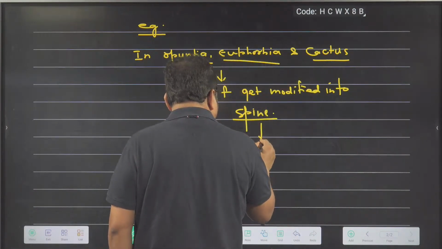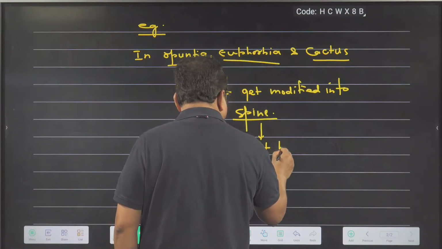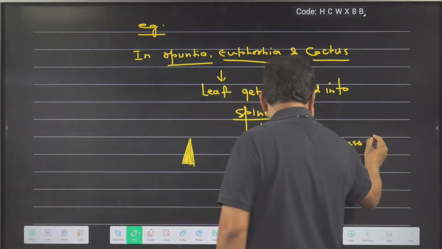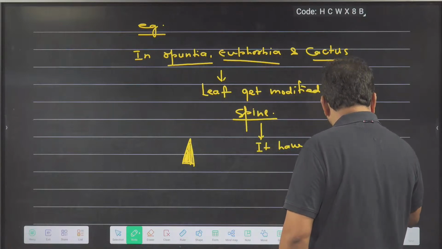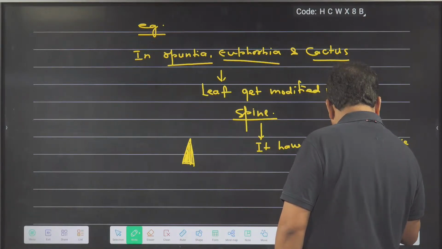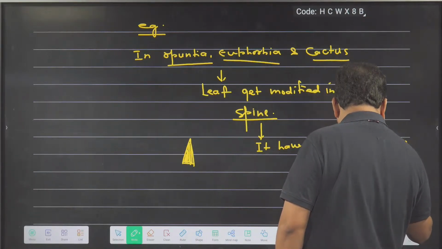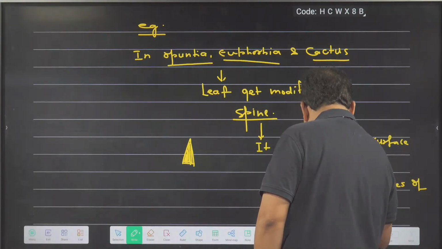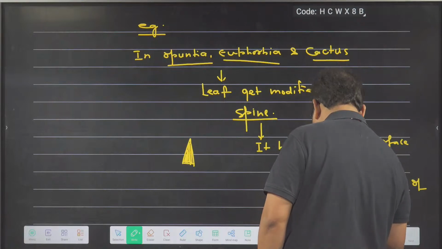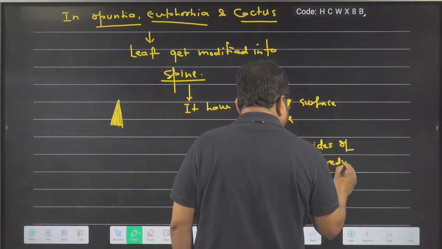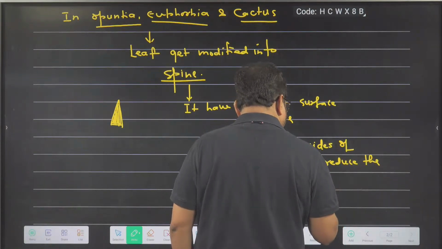The spine has very less surface area. Hence, besides defense, it also reduces the water loss.